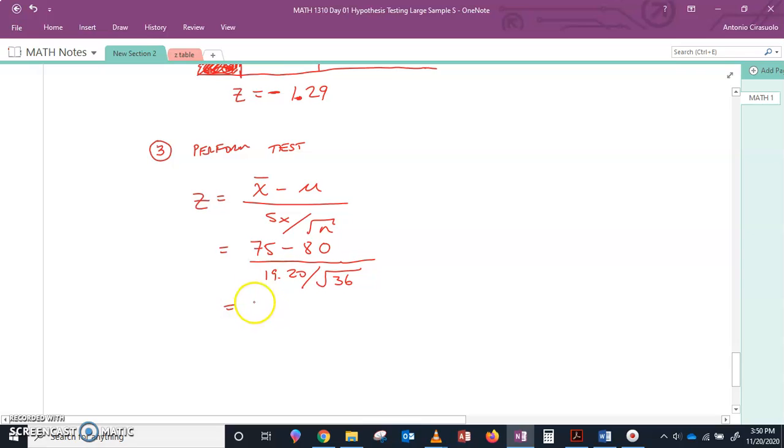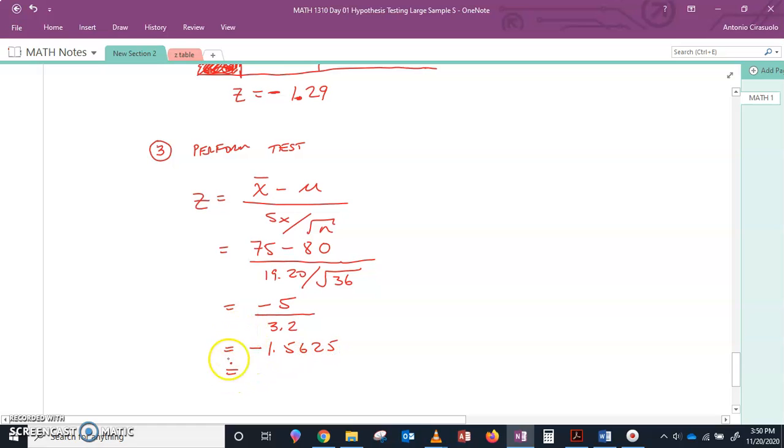That gives us a value of minus 5 on top, and down below 3.2. That gives us a Z test value of negative 1.5625.